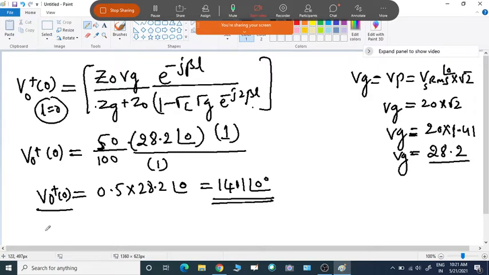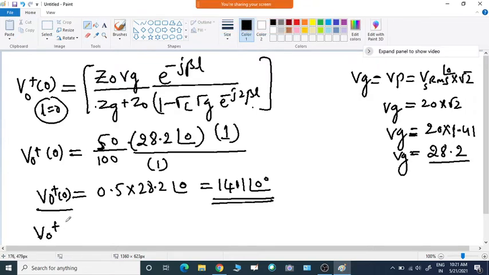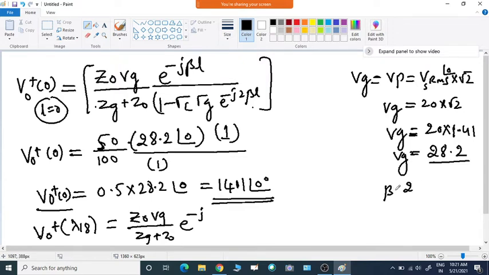Now similarly you can find out what is V0 plus of lambda by 8. Now substitute the value L equal to lambda by 8, in Z0 Vg divided by Zg plus Z0 into e power minus j beta L. We know the equation for beta, which is equal to 2 pi by lambda.